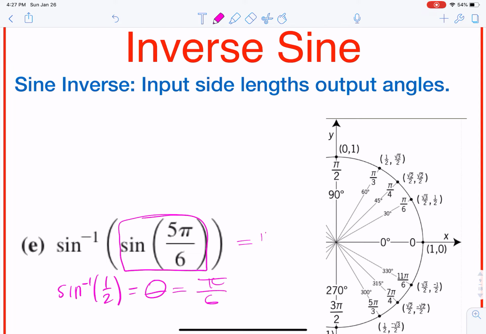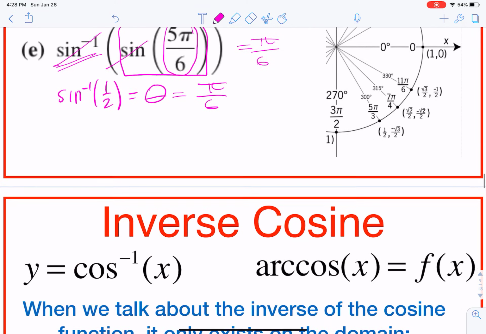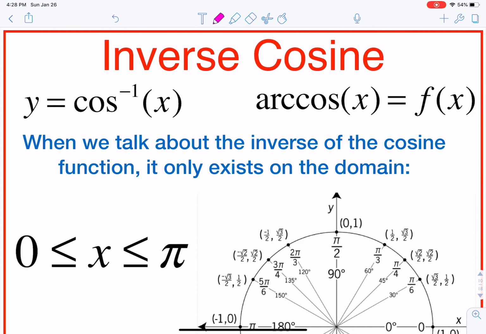So here my answer becomes pi over 6. If this was a value that was within our inverse domain, I know that the inverse and the sine would cancel each other out, and then I would just be left with what my input value is. But because 5 pi over 6 falls outside of the domain and range for my inverse function, we need to evaluate.